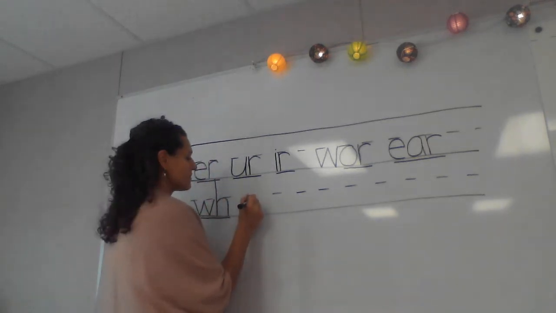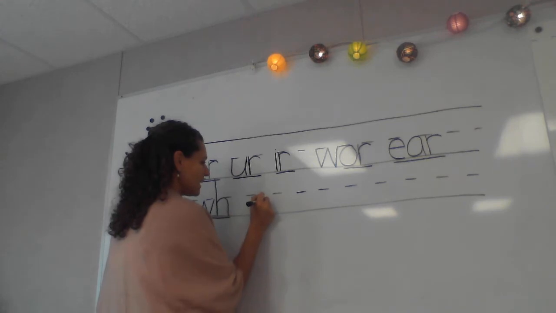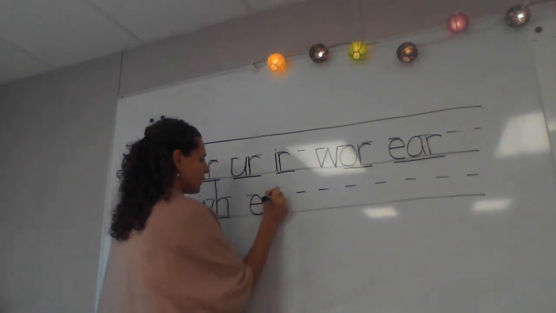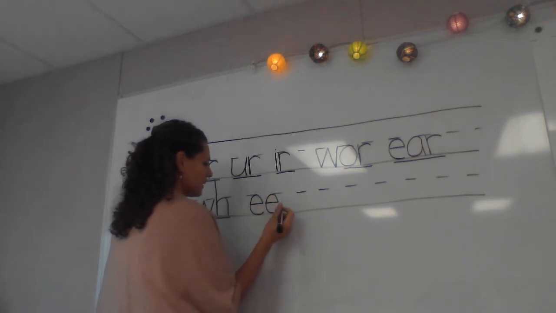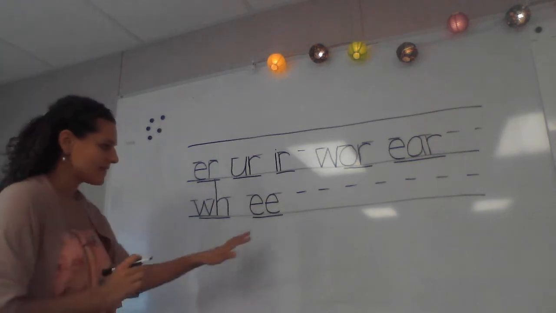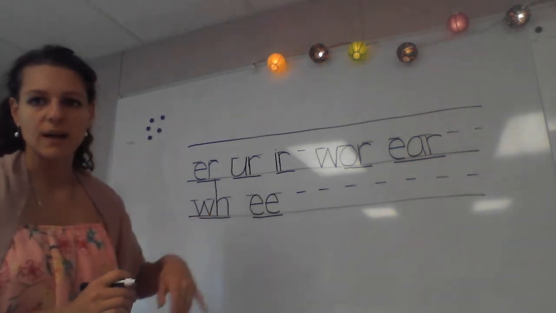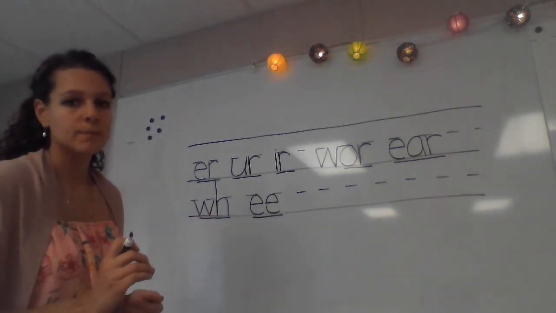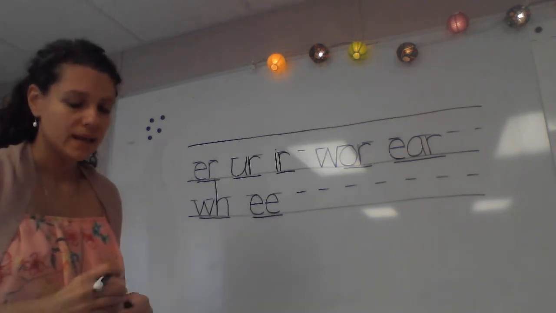All right, this is the phonogram that just says E. Remember, if it helps you, you can say E double E. Always says E. All right, so if you didn't get that one, again, please pause the video. Write it 3 times, saying it while you write it.